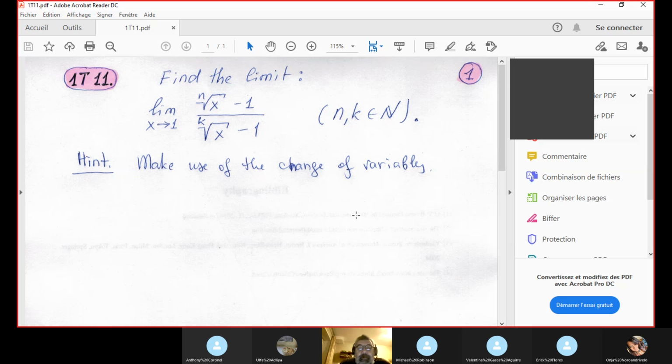So you have some minutes to solve this exercise. Okay? Try to do this.